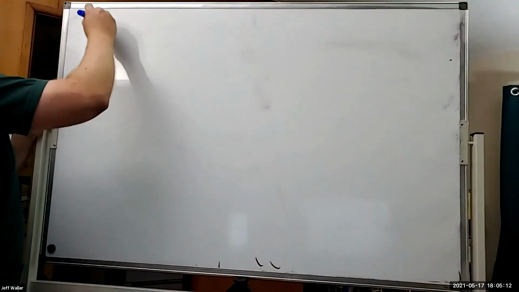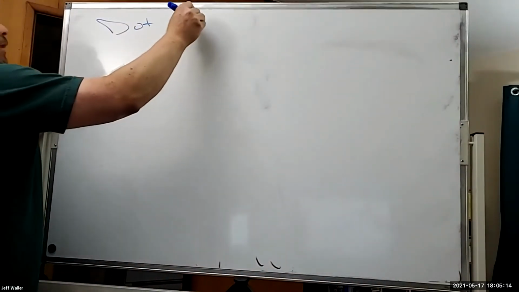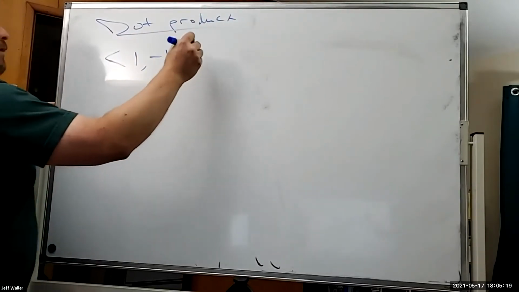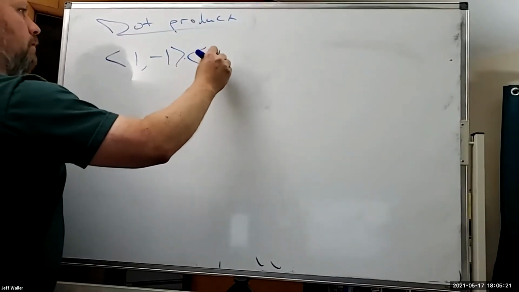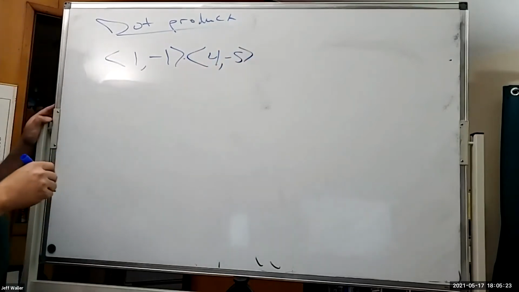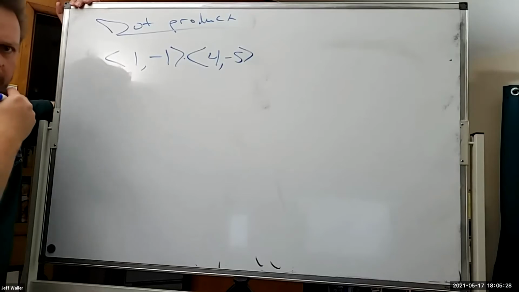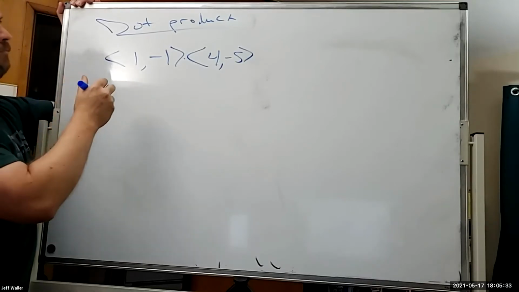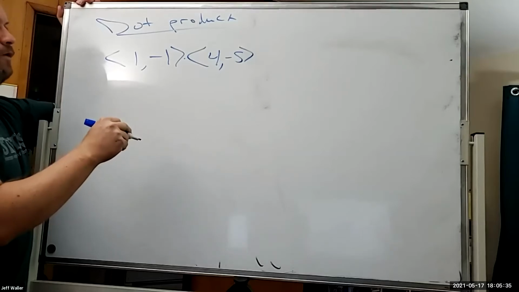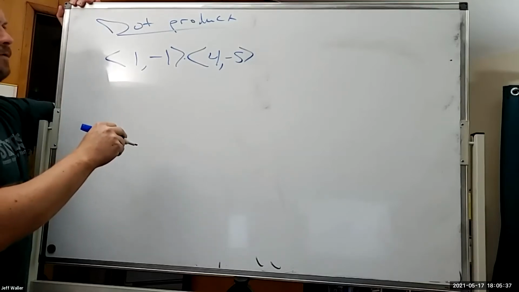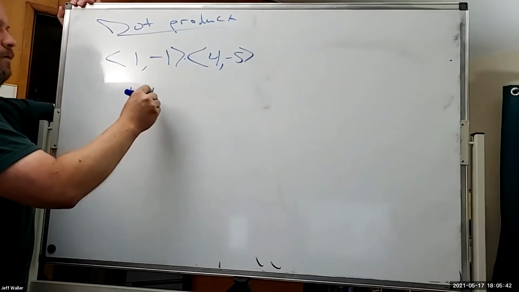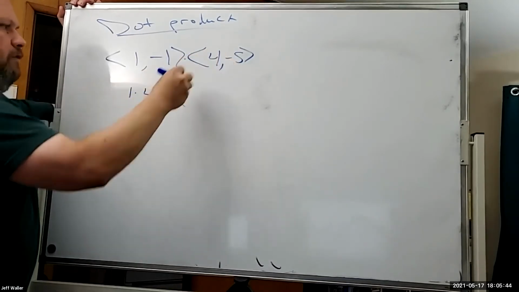So remind me, how does a dot product work? Like, what is the dot product? What is this dot product here? How do you do a dot product? Does anyone remember? Yeah, you use i and j. If you want to, you don't have to. Like 1 times 4 plus 5 plus -1 times -5.